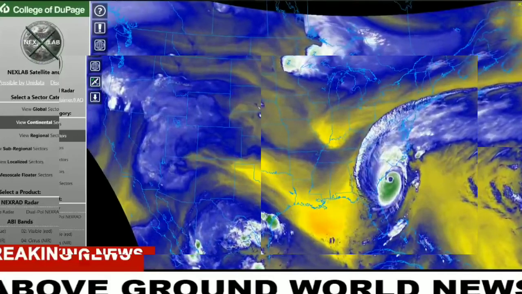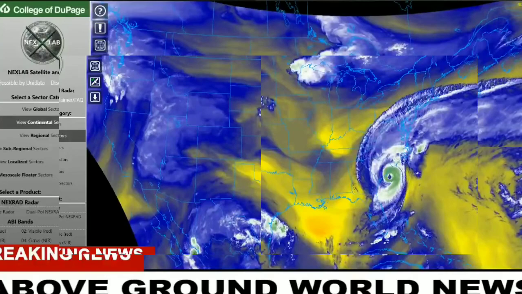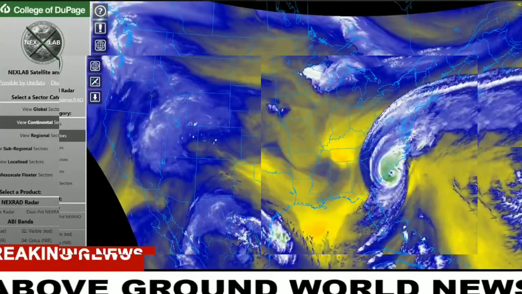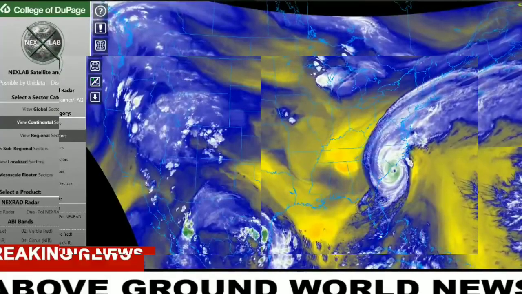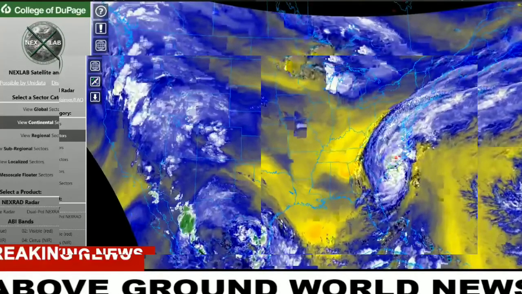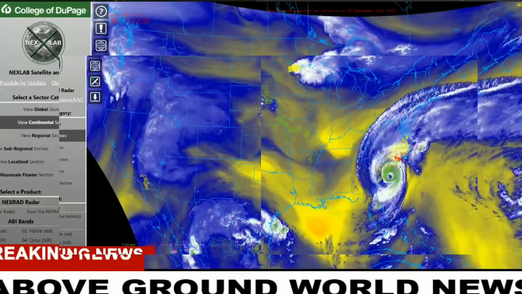Without that lightning, you have no electrical motion that the hurricane can go round and round. When that lightning stops, the hurricane stops dead in its tracks. If there's a balance between the inner band and the upper band of lightning, the hurricane goes west.